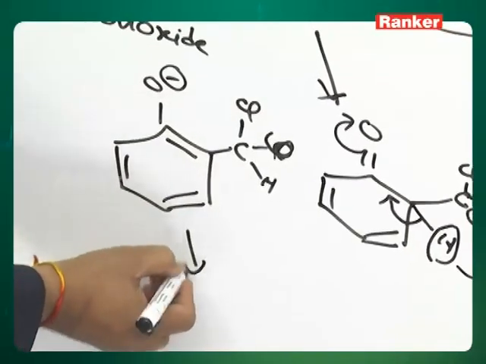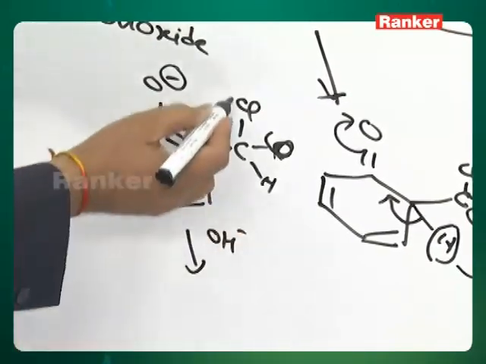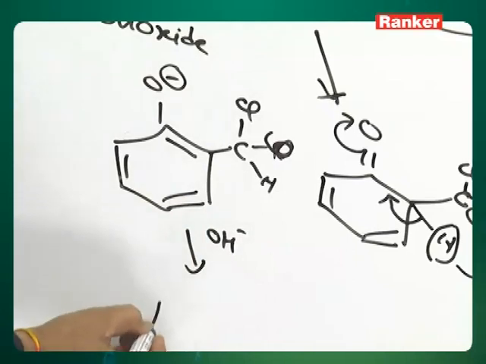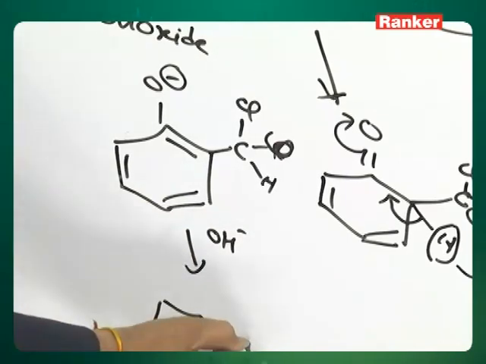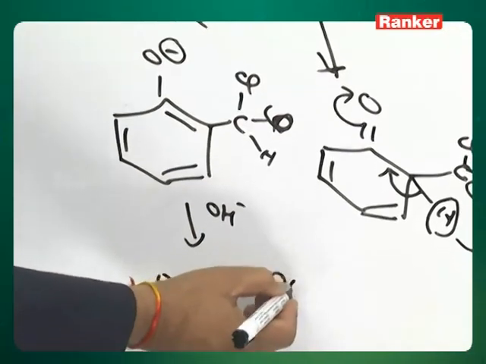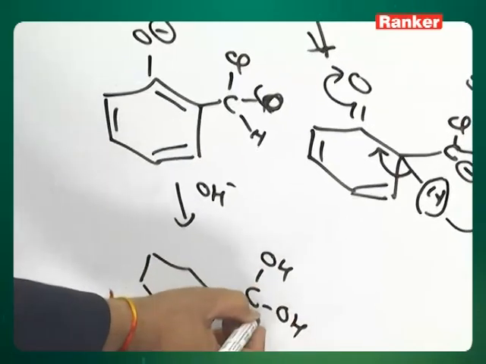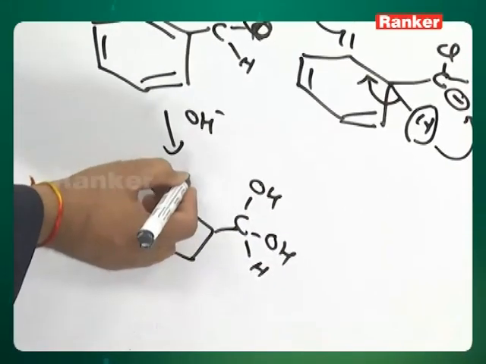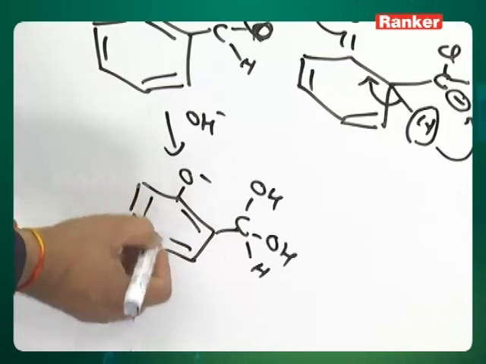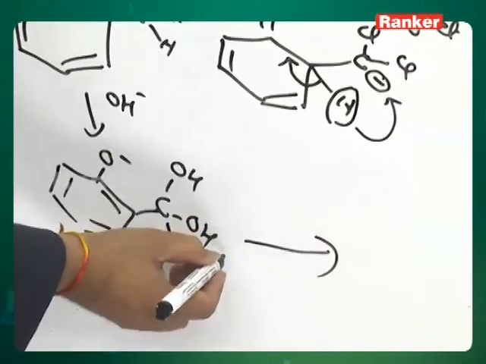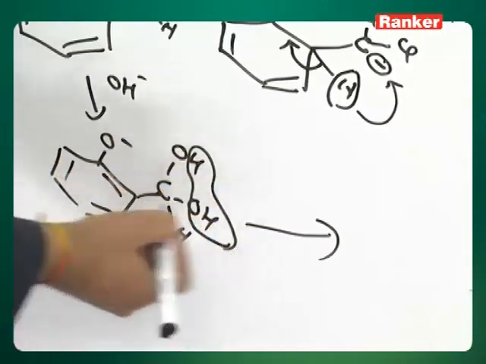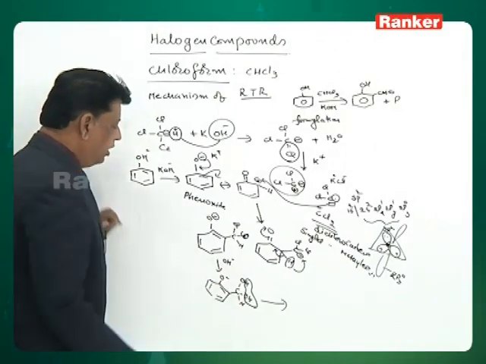Because of the basic medium, a strong base is there, the 2 Cls will be hydrolyzed to become the 2 OHs. So subsequently you will get a methyl group containing 2 OHs on a phenoxide. Now the 2 OHs are unstable, so a water molecule is eliminated and you get an aldehyde.